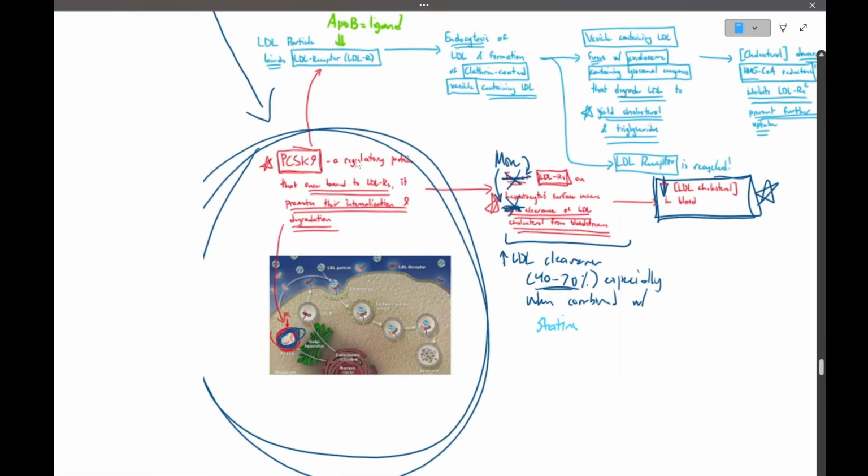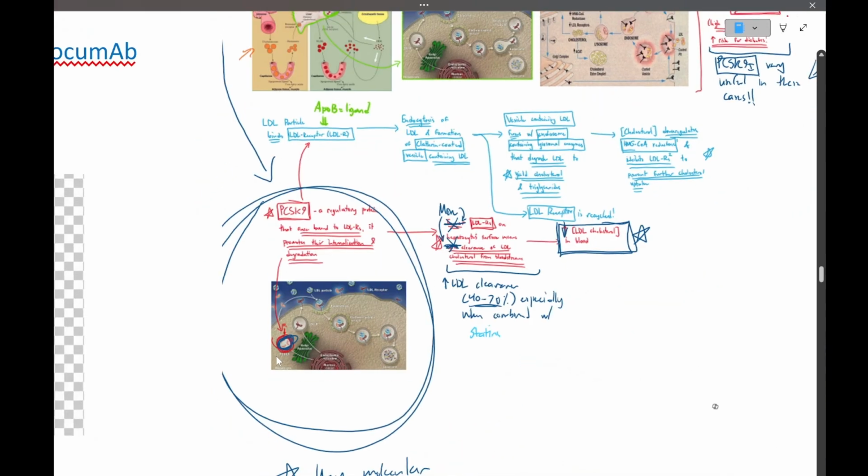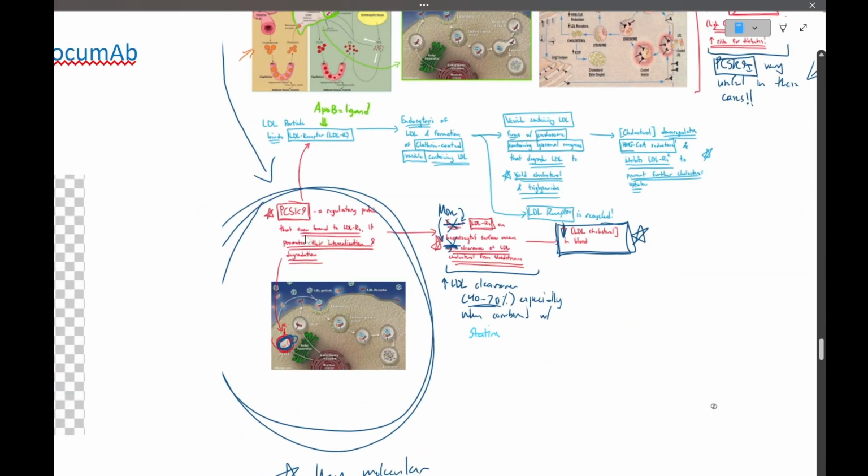PCSK9 is a regular protein that, once bound to low-density lipoprotein receptors, which normally work to uptake cholesterol from the blood and lower blood cholesterol levels, promotes LDL receptor internalization within the liver, or the hepatocyte, and degradation.